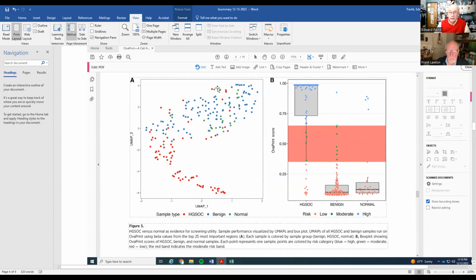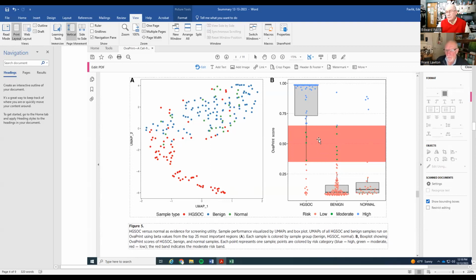But we can see some of those cancers are interspersed in both the benign ovarian structure group, which would be cysts and whatever, as well as the normal ovarian tissue group. And so there's a degree of imperfection here.